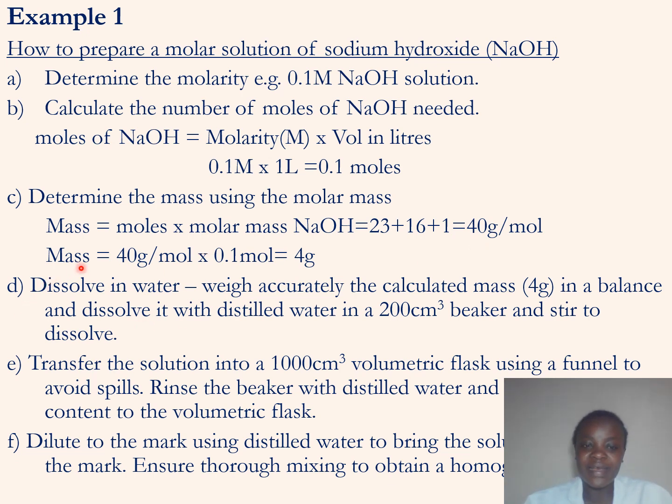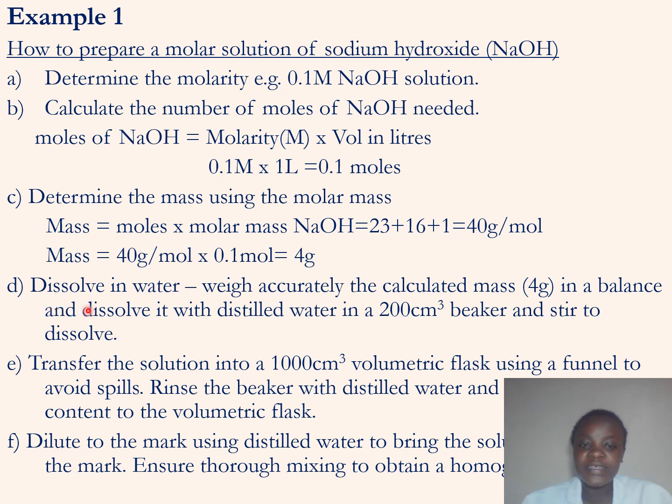So to calculate the mass, we just multiply the moles times the molar mass. So that is 40 times 0.1, which gives us 4 grams. So the mass of the solute needed to give us a molar solution of 0.1 molar will be 4 grams. So we are going to dissolve the mass in distilled water.